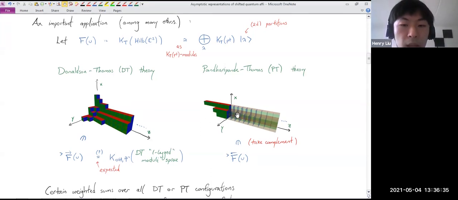But as you can tell from this picture here, it's not exactly the same as just infinite flags of 2D partitions.